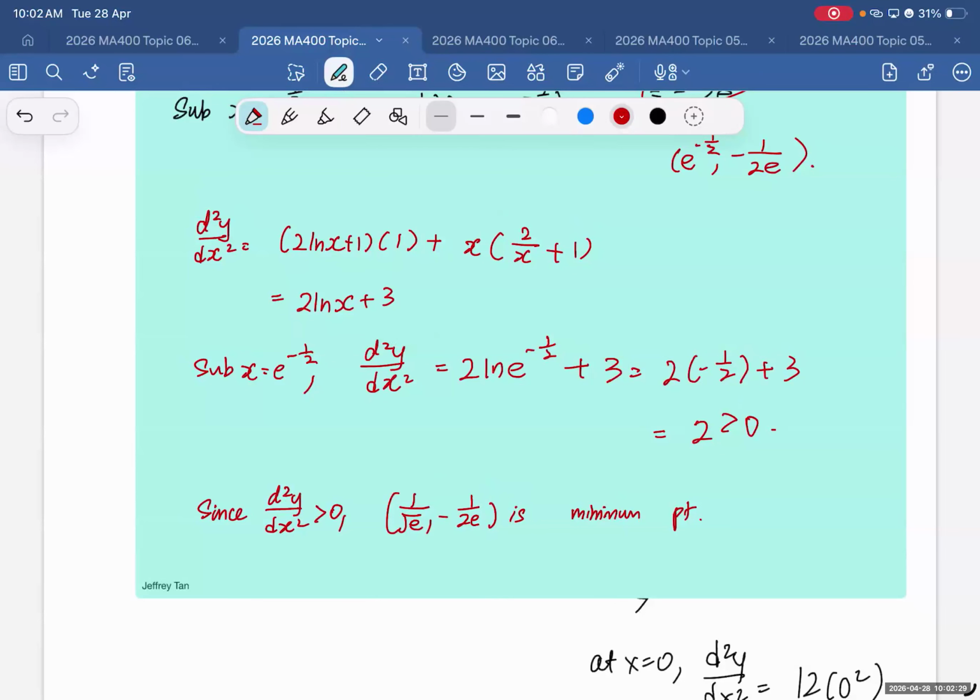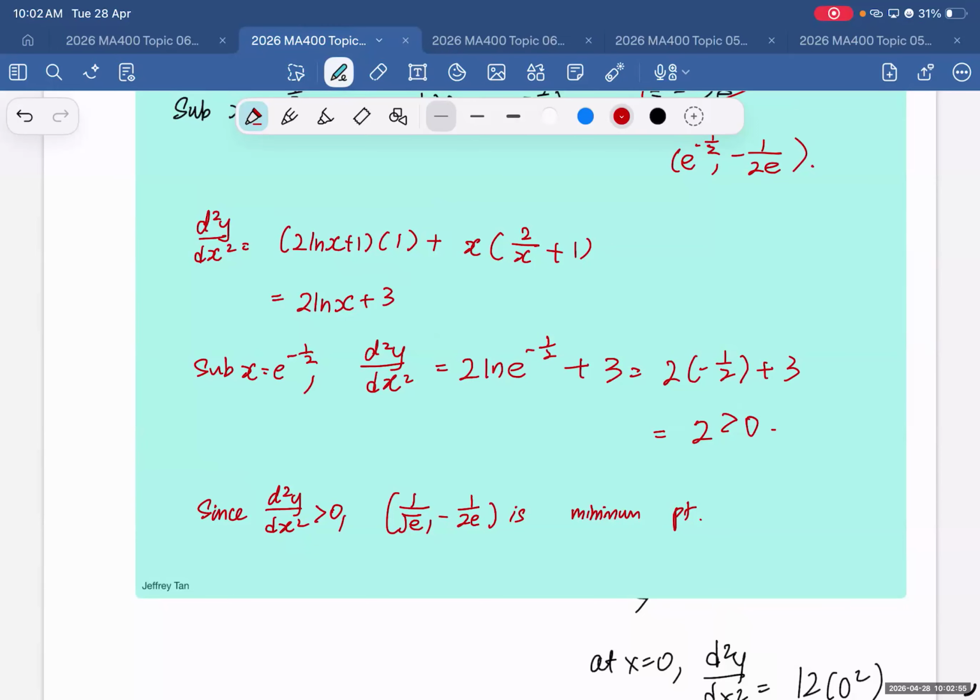Okay, I'll just go around to see if any of you need help anywhere. After you are done already, then you take the second derivative. This is like asking you to check the nature. You can do the second derivative first.